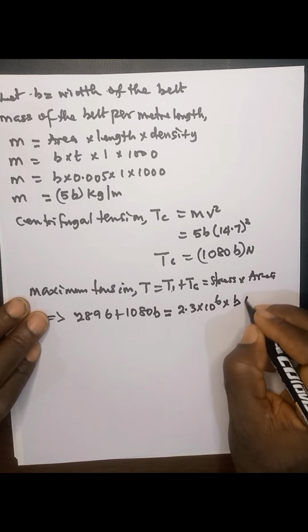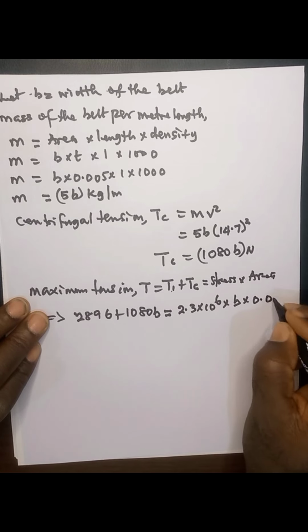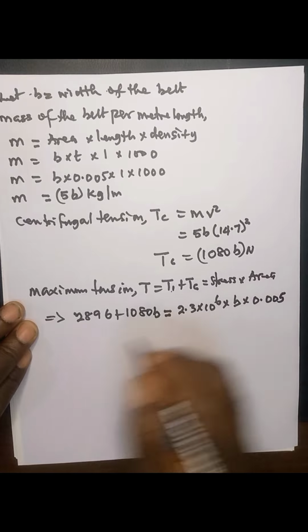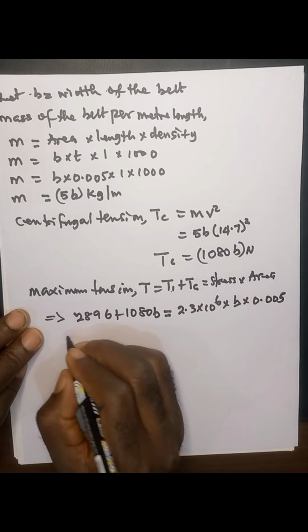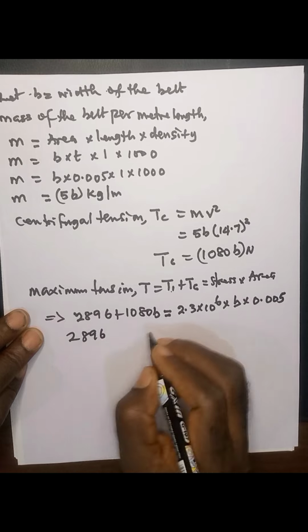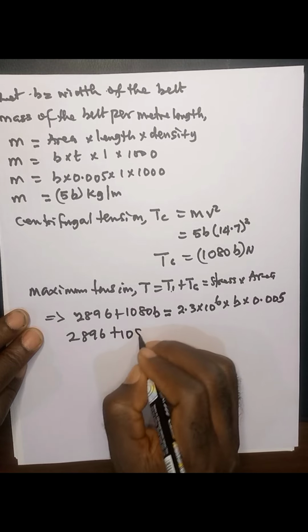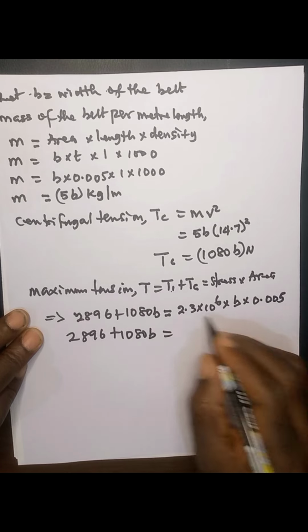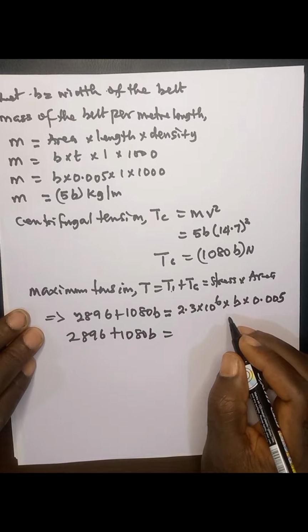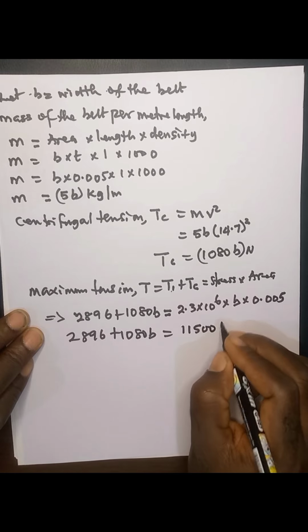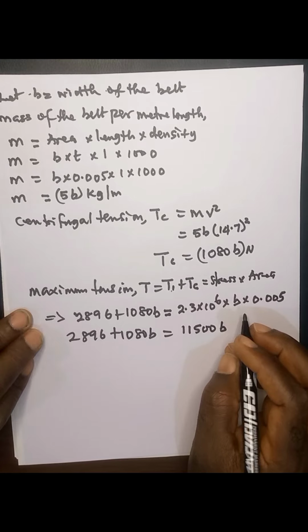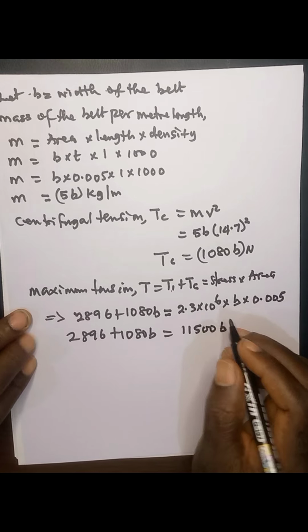So the width is B, then the thickness is 0.005. Then from here, we have 2896 plus 1080B is equal to, we will multiply this out, this will give us 11500B. Then from here, we collect the like terms.